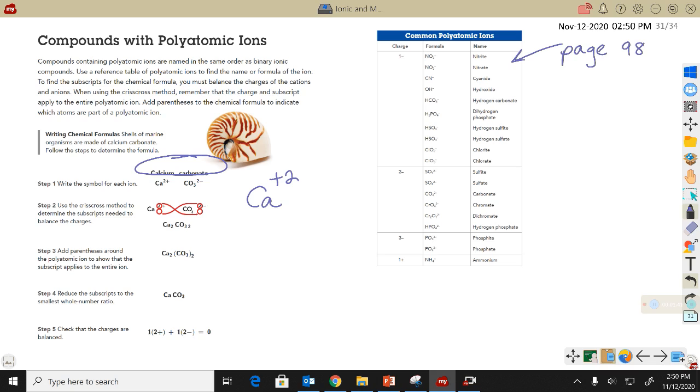When I notice that the second part of the name ends in ATE or ITE, I look it up on my polyatomic chart. Carbonate, carbonate. Here it is. You don't have to memorize this. Carbonate is CO3 and the charge is -2 or 2-.